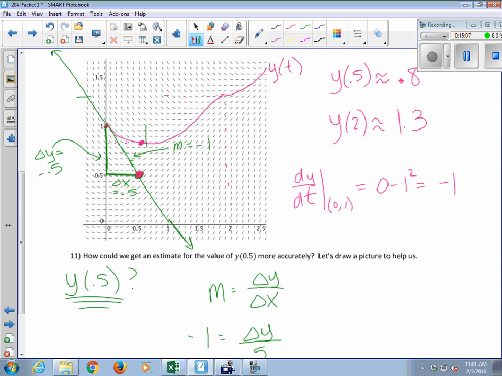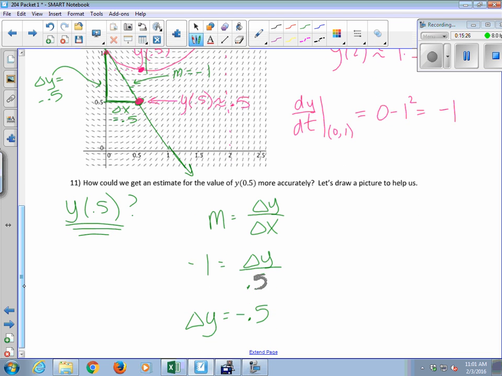But this is the real y of 0.5. This is what Euler's method predicts y of 0.5 would be. So this says that y of 0.5 is approximately 0.5.